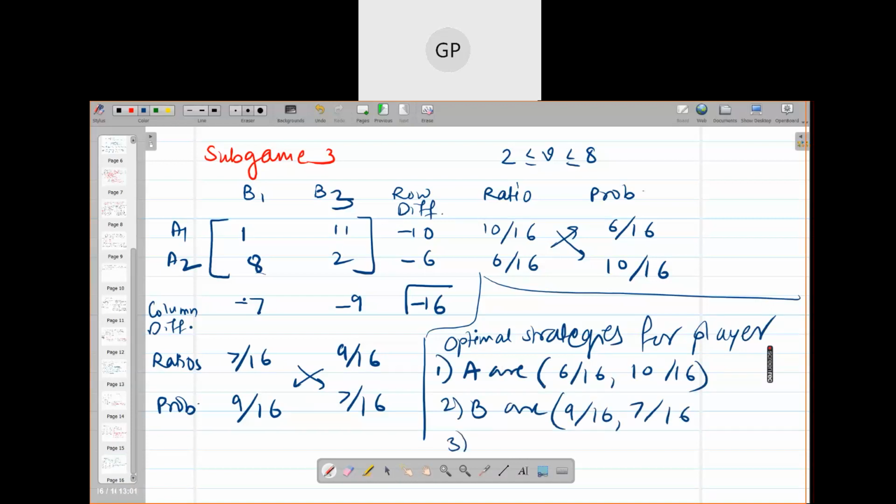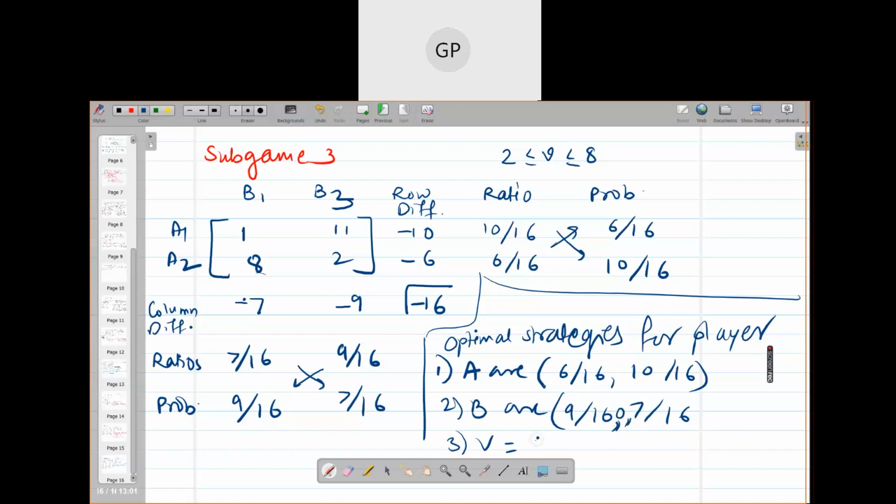And what is the value of the game? Shouldn't it be 9 by 16, 7 by 16? Ma'am, in the middle, 0. Yes, in the middle I forgot the 0. Sorry. You should write that.